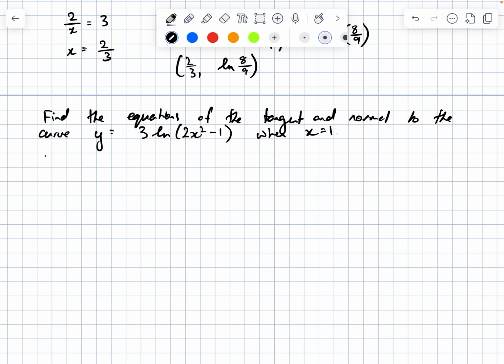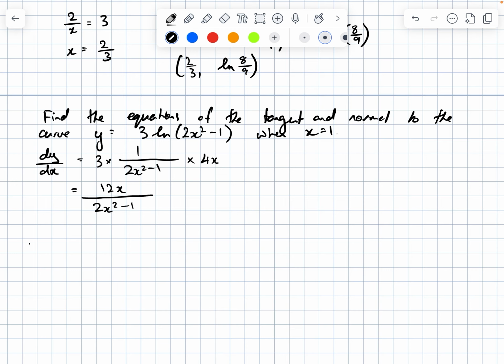We need to find 2 different equations, both the tangent and normal, which means we just need to start by calculating the gradients. So dy dx equals 3 times ln differentiates to 1 over 2x squared minus 1 times by the derivative of the bracket, which is timesing by 4x. This can simplify to make 12x all over 2x squared minus 1.